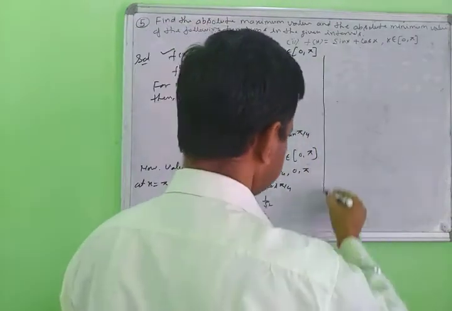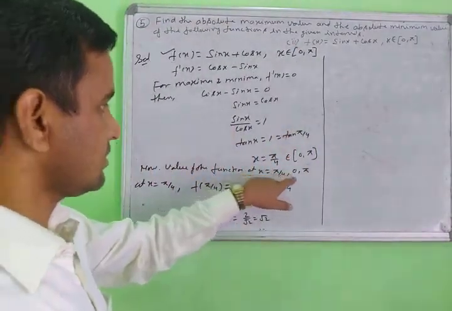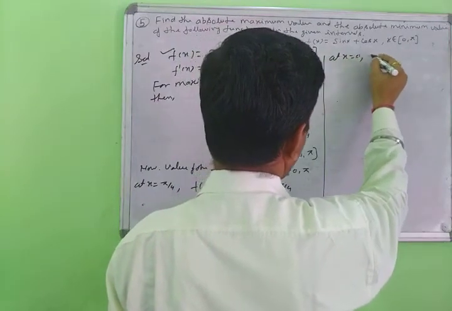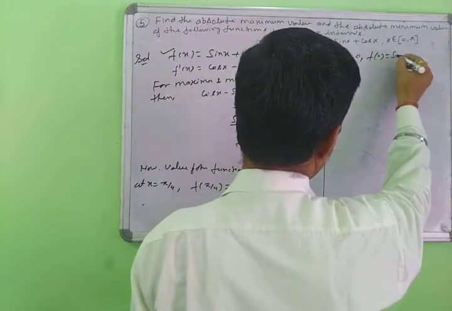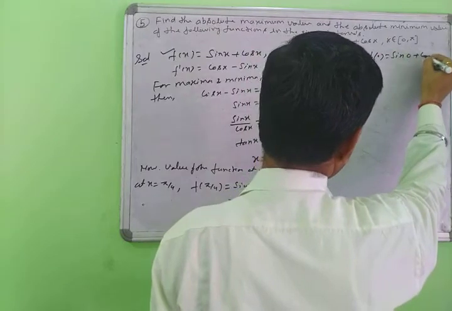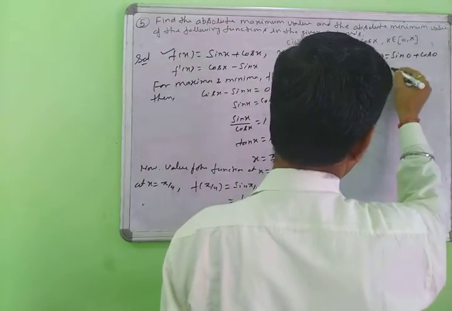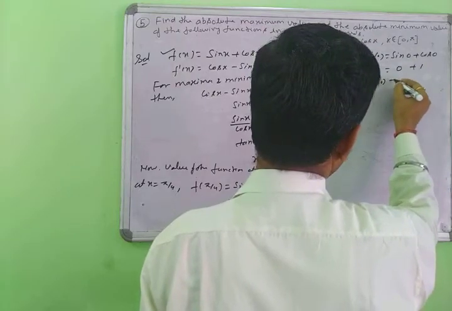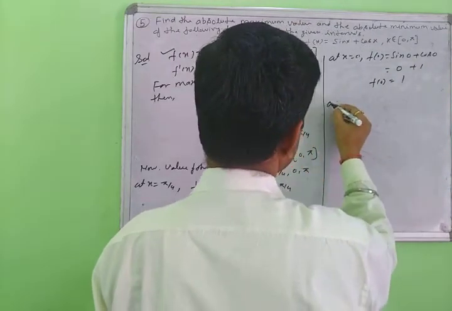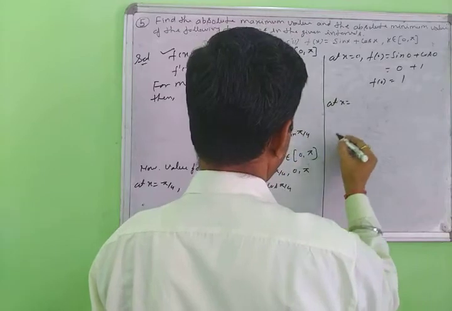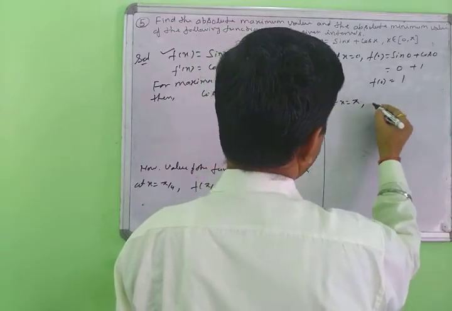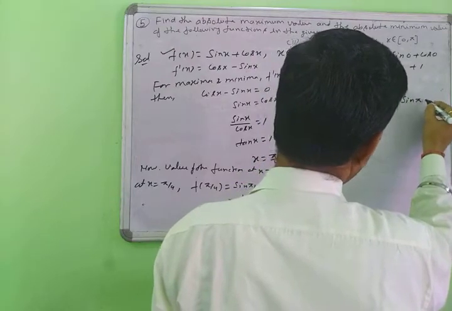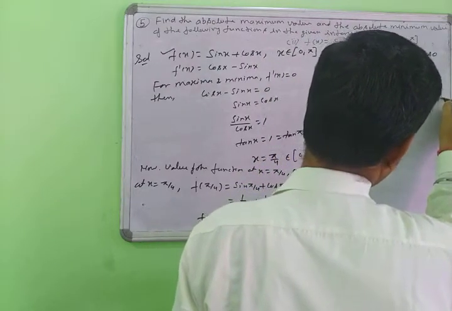Next part, at x equal to 0, f(0) equals sin 0 plus cos 0. Sin 0 is 0, cos 0 is 1, which means f(0) is 1. Next, at x equal to pi, f(pi) equals sin pi plus cos pi.